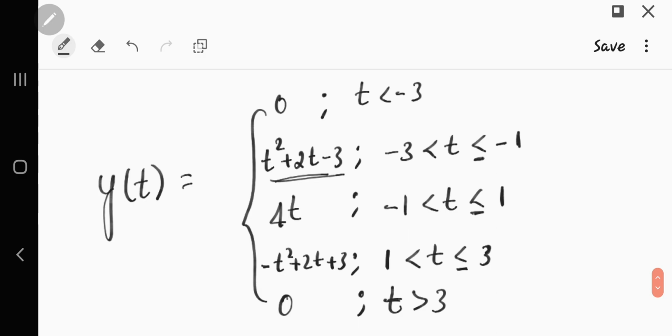And from minus 1 to plus 1, it is 4t. Since it's a continuous time signal, you can plot the signal easily compared to the discrete time one. And from plus 1 to plus 3, apply the values 1, 2 and 3. Three values you have to apply in this expression, you will get three different values, and for those values you have to make a mark in the plot and complete the lines. You will get the plot of y of t.